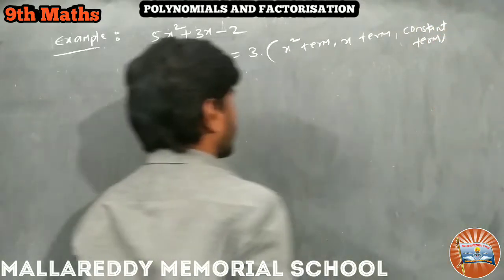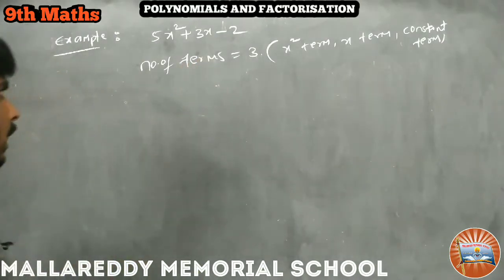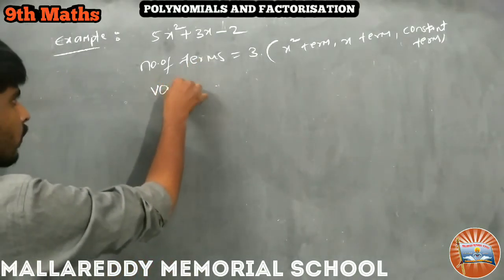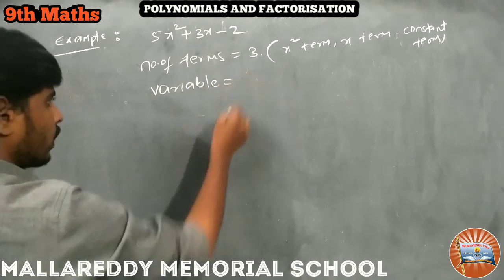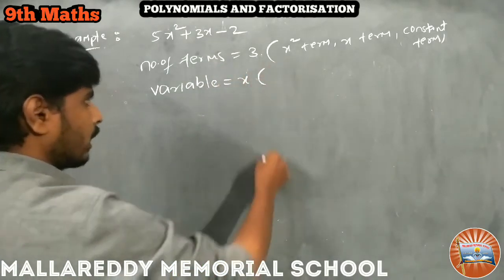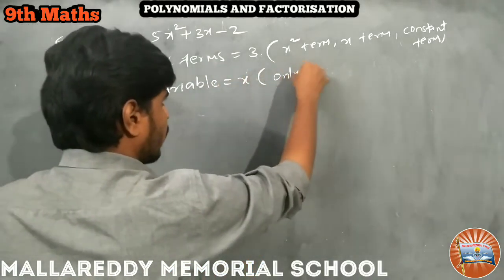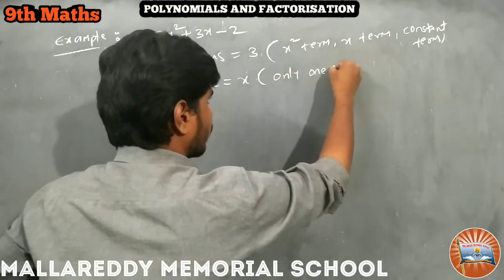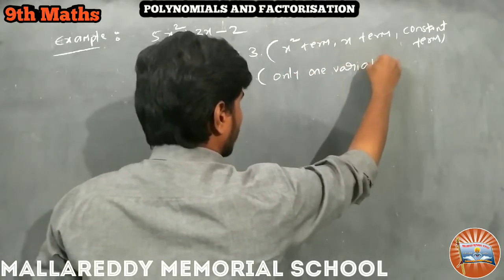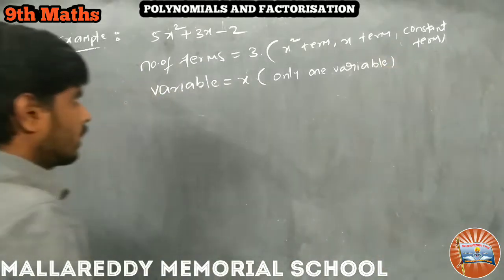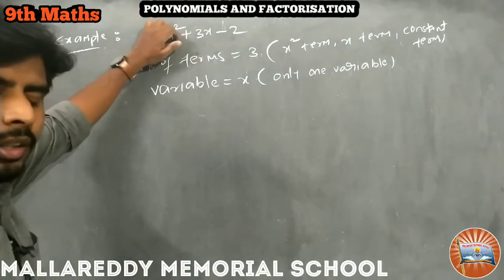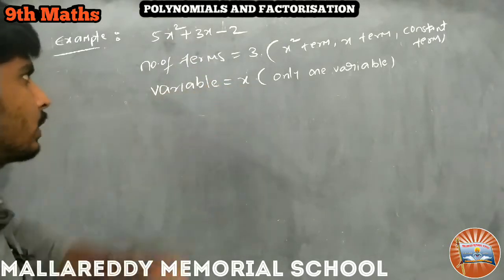So these are the terms involved here. The involved variable is x, only one variable is involved here. This we can call a polynomial in one variable.